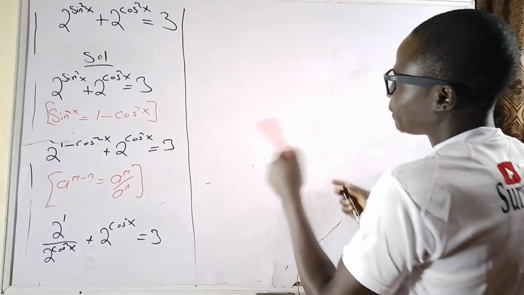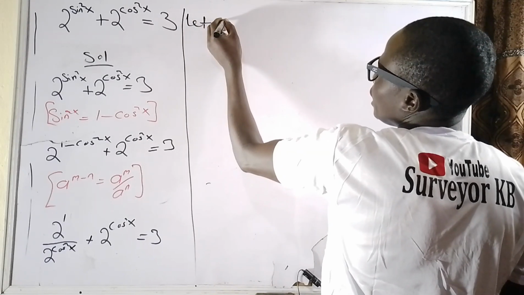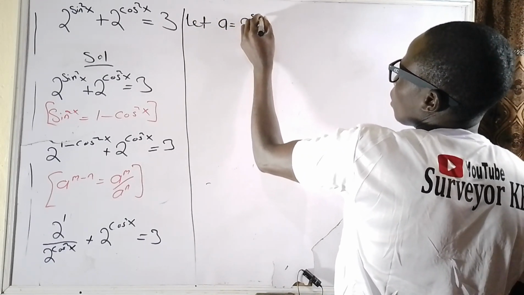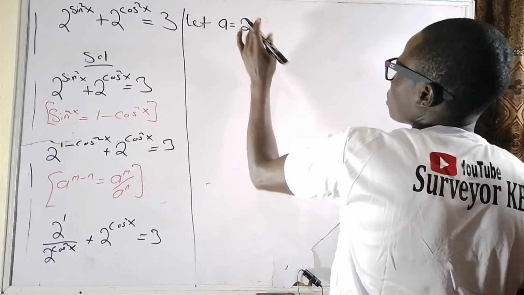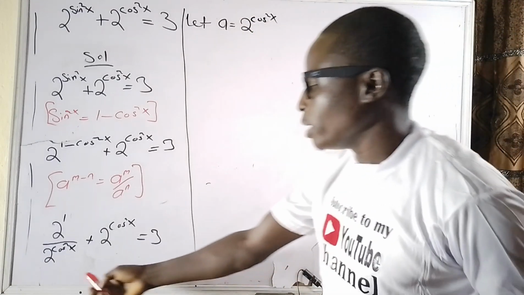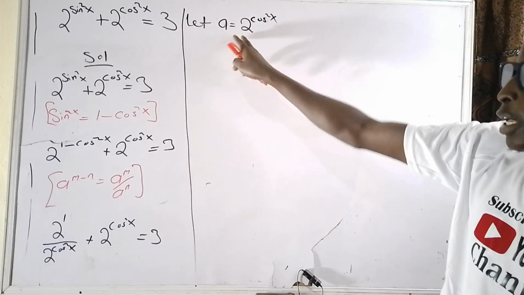So let a be equal to 2 raised power cos square x, so that anywhere I see 2 raised power cos square x, I will put a.